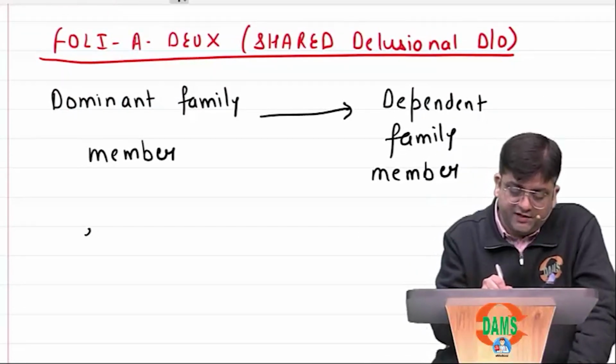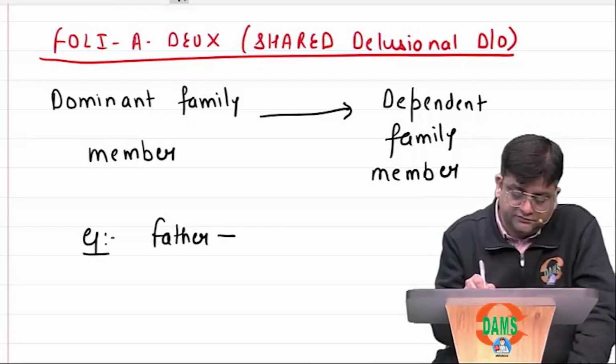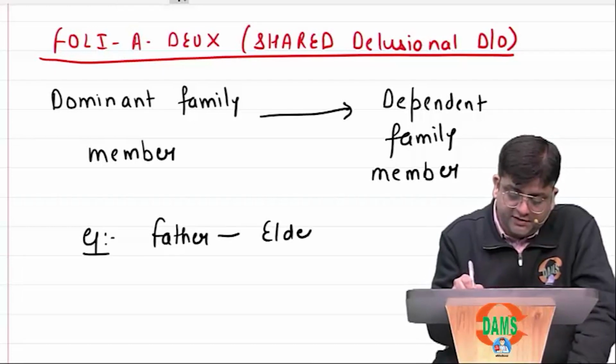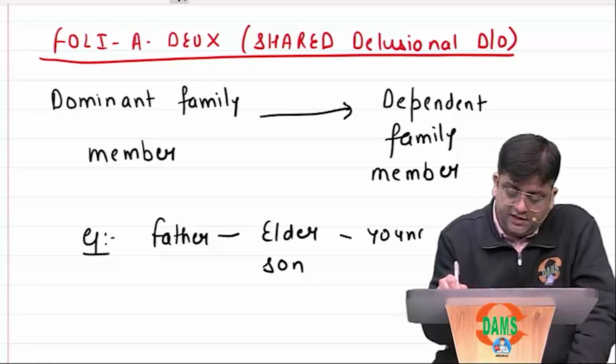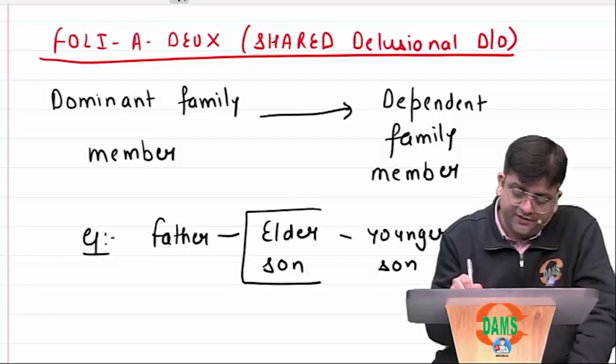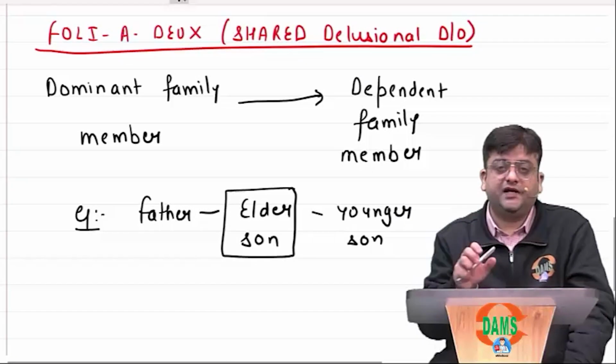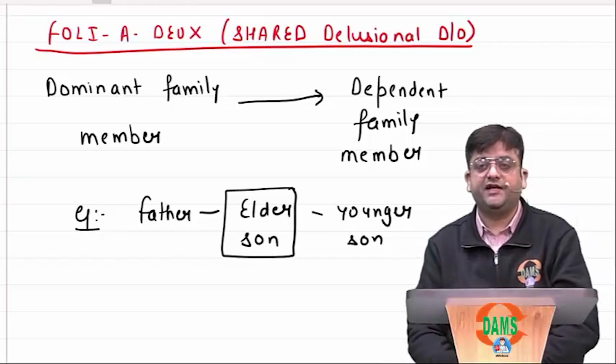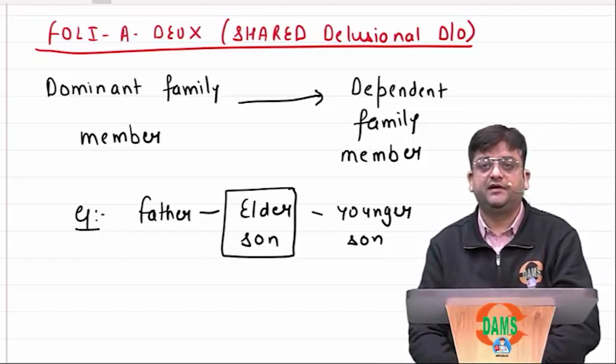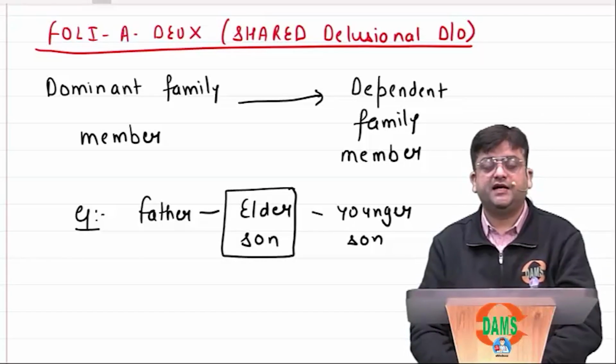Imagine a family of three people: father, elder son, younger son. The elder son has a delusion: neighbors are bad, they will harm. He keeps saying it every day. Father explained, younger brother explained, but he is not convincible.